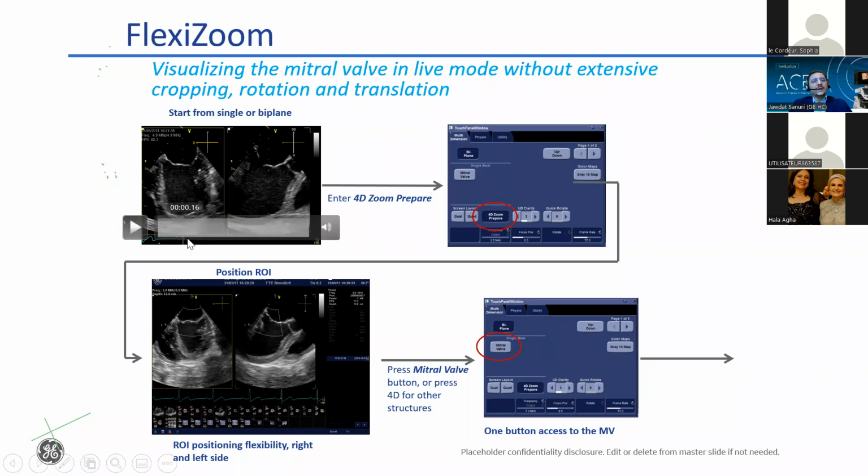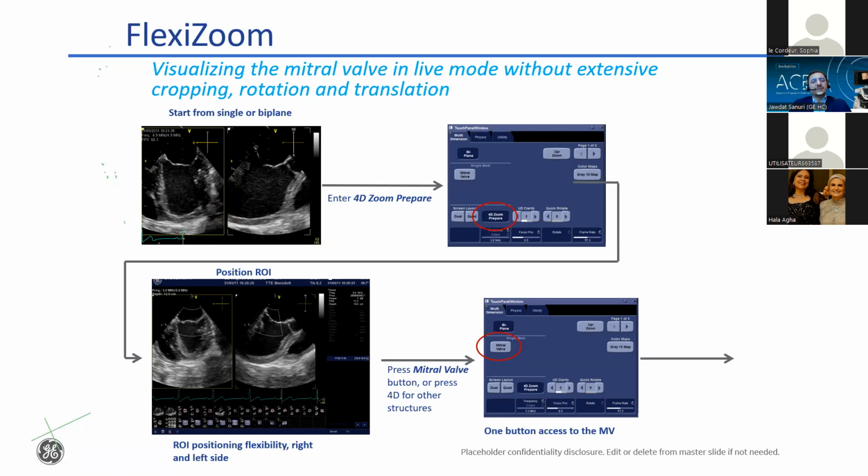So how does it work? From a 2D, simply activate 4D zoom prepare, then you will have a zoom box on the original 2D, as in this example, a 4-chamber transesophageal acquisition. As you can see from this box, they are trying to acquire the mitral valve.